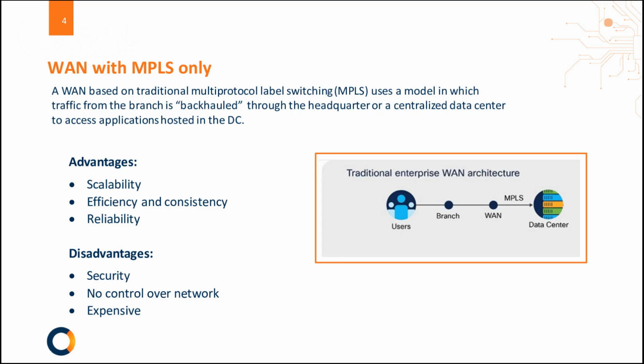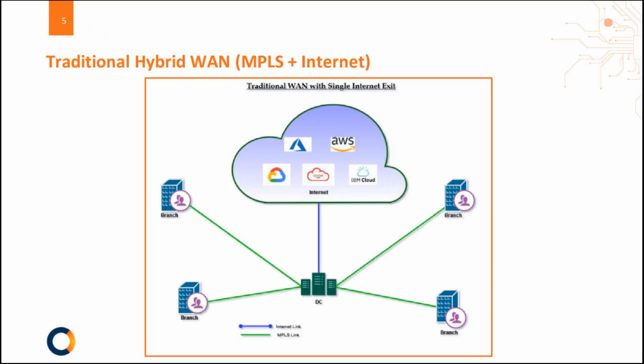So then emerged the hybrid WAN approach, an MPLS link with internet. In this kind of connectivity, we had one MPLS link coming from the branch to the data center, and the data center is connected to the internet.